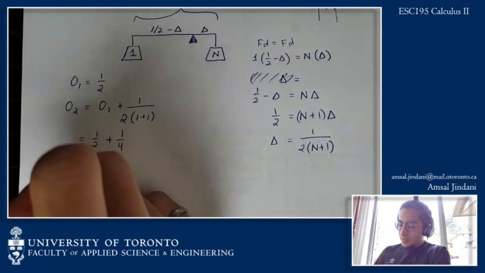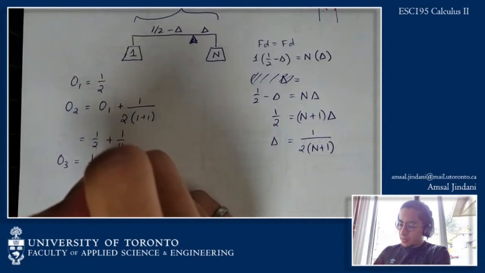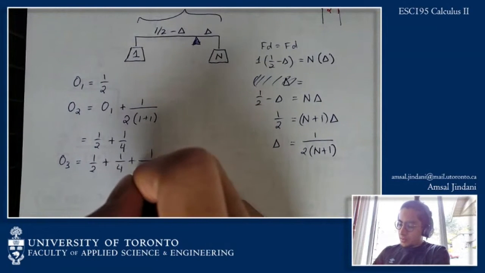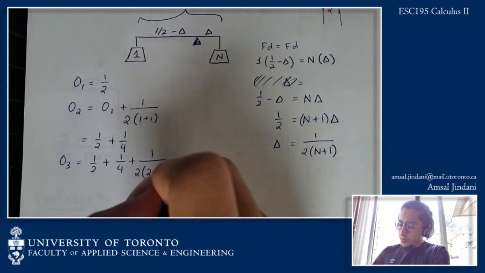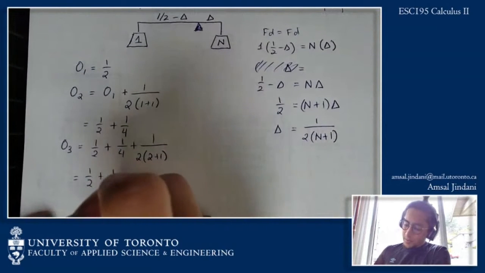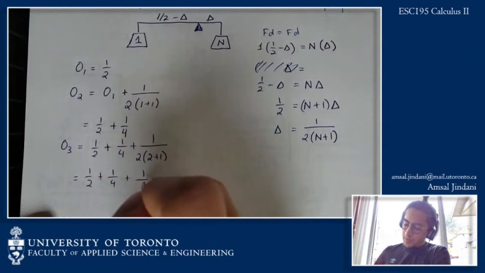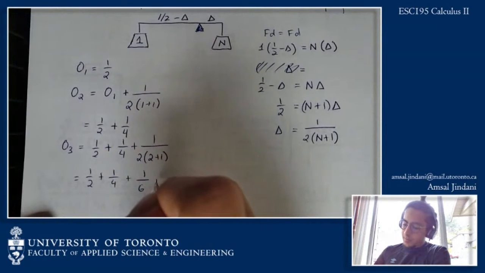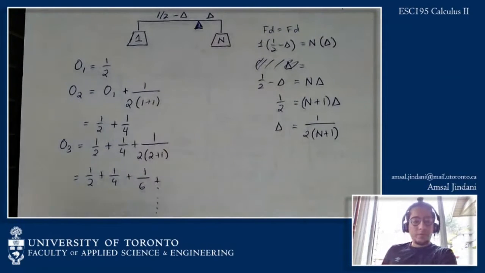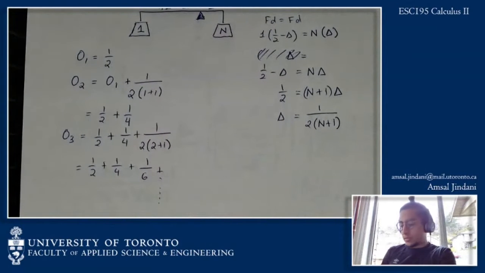And then similarly for O3, it's equal to O2, which is a half plus a quarter, plus 1 over 2 times 2 plus 1. So you get a half plus a quarter plus a sixth. And then you can imagine that you can keep on going for other overhangs and such.